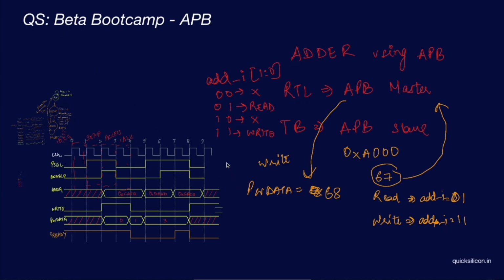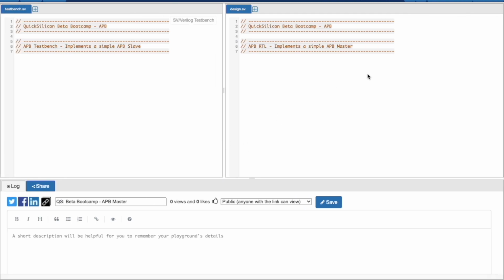Let me bring out the coding section. Okay. So this is where we will implement our APB RTL, and this will be our APB slave.